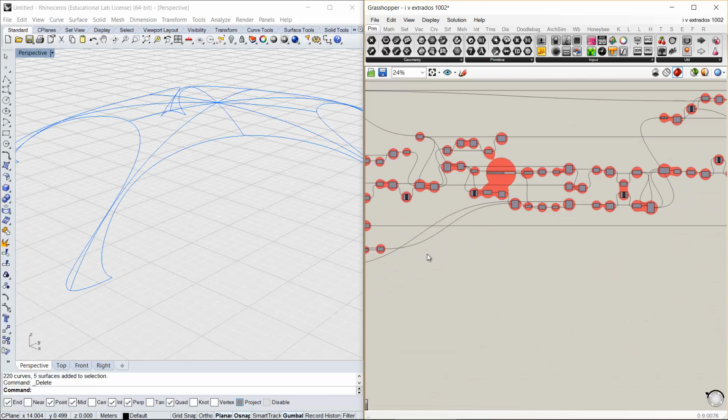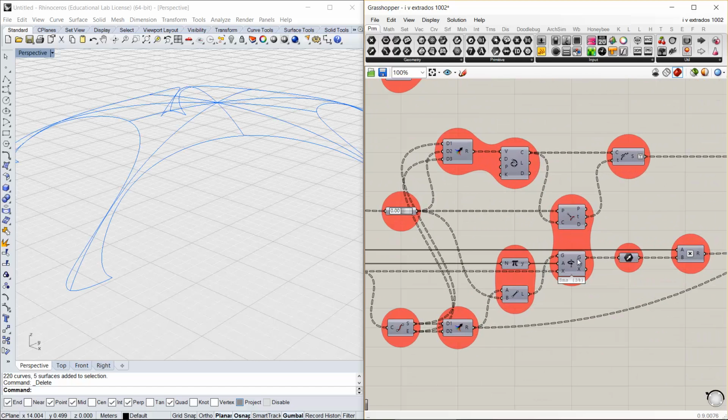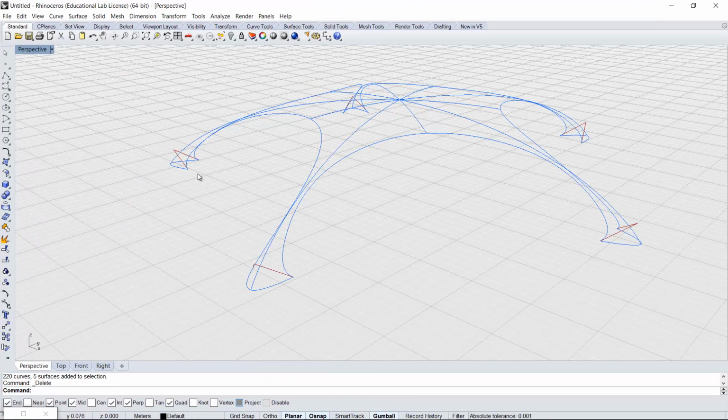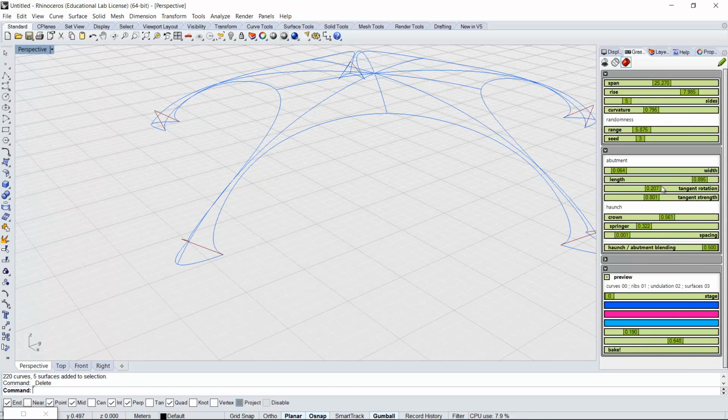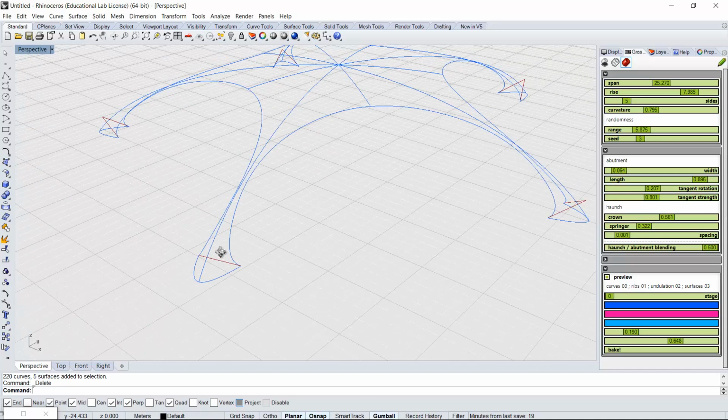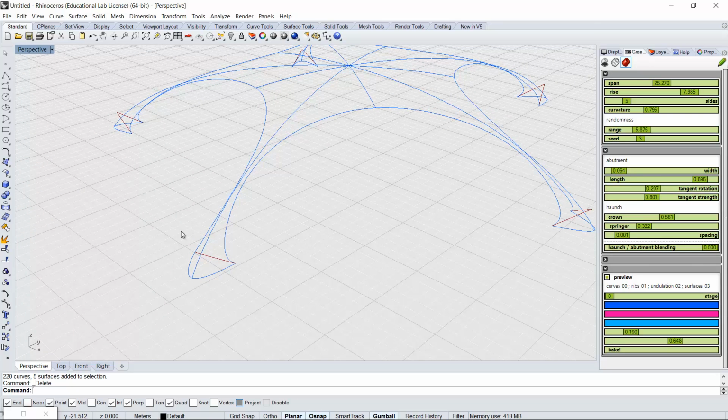I will just show a little line here, and we can go back to the parameters. Now, concerning the bottom part of the curve, there are a couple of parameters that control the foot, or the abutment, of the overall structure, like its width and its length.